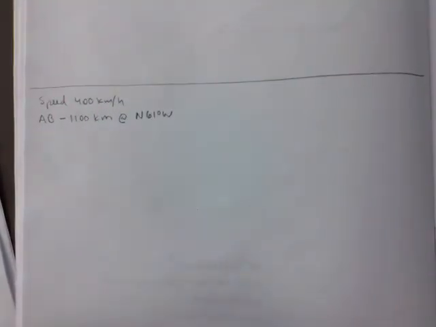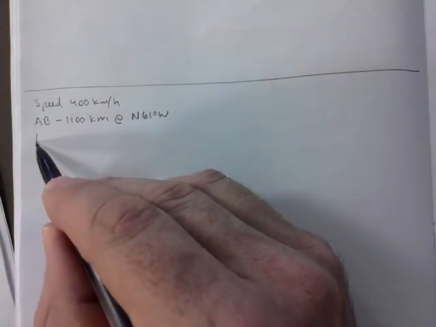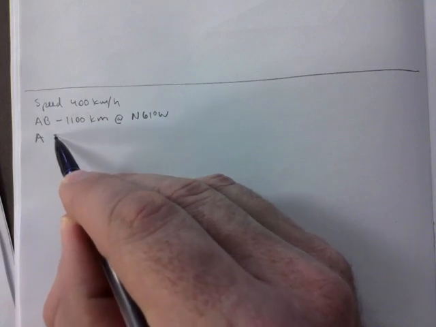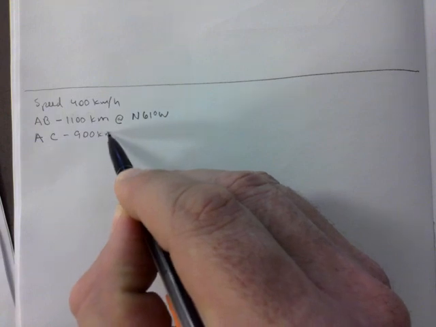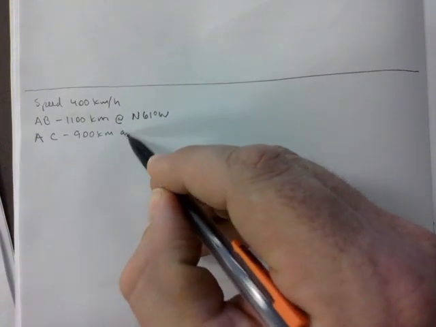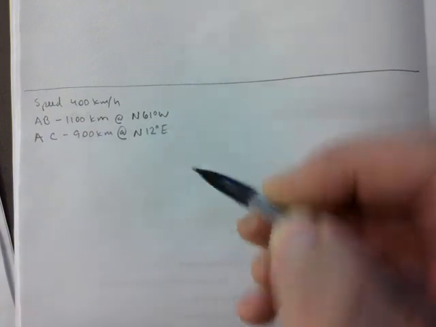Okay. And the distance from Allenburg to Sherbrooke is 900 kilometers at north 12 degrees east.